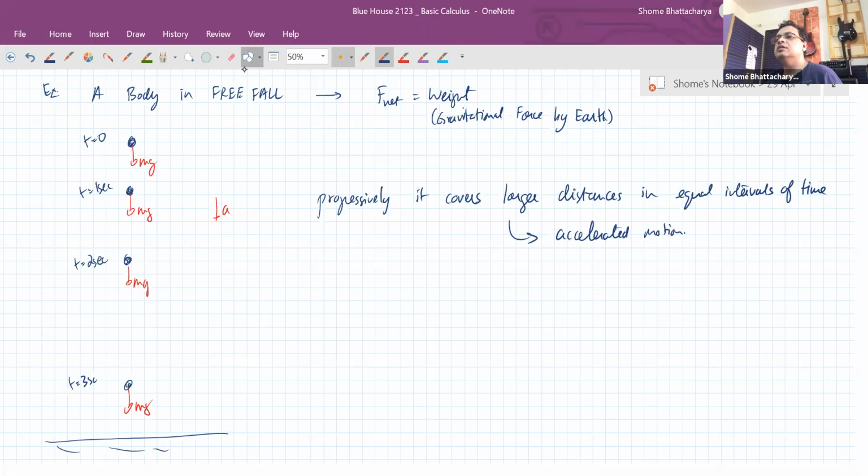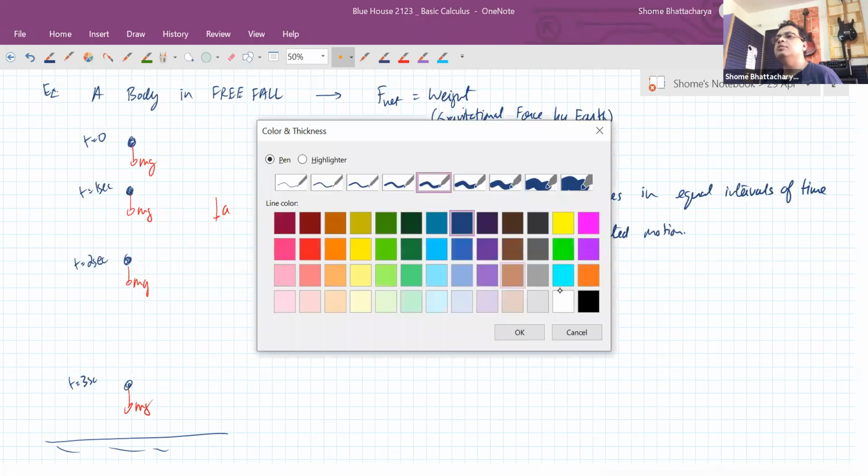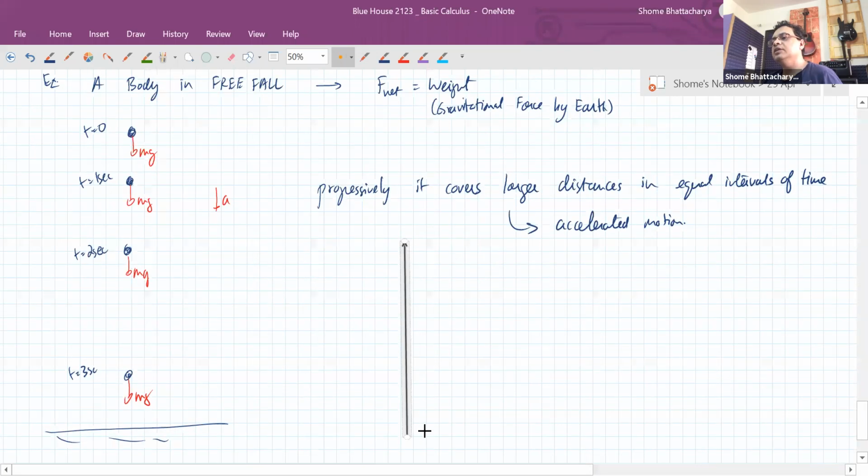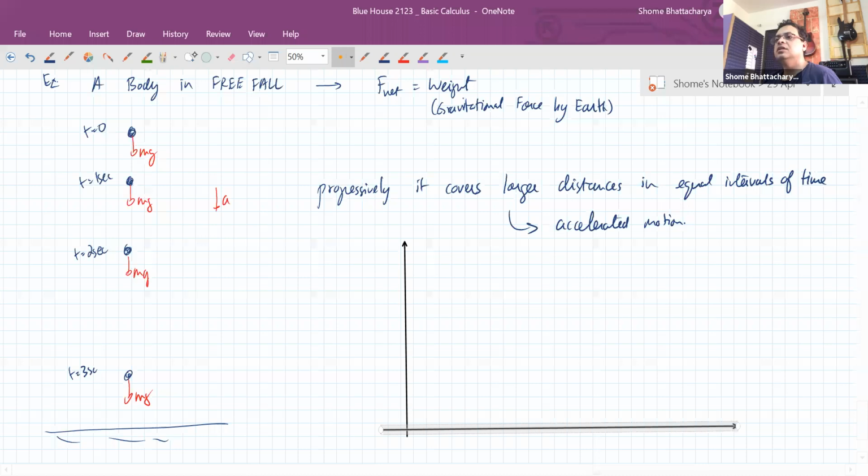In that case, its velocity time graph or its distance time graph is not going to look like a linear or a straight line graph anymore. It's going to look like a curved graph, but it's curving in such a way that it should satisfy this property which I've shown, that the distances in equal intervals of time are increasing.